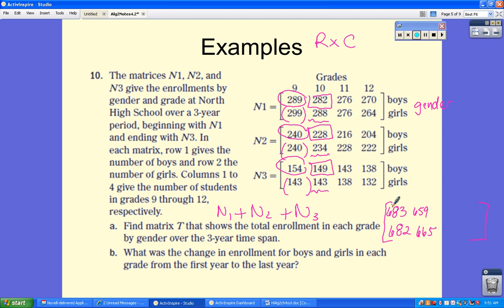276 plus 216 plus 143, 635. 276 plus 228 plus 138, 642. 270 plus 264 plus, oh, that's not right. 270 plus 204 plus 138.